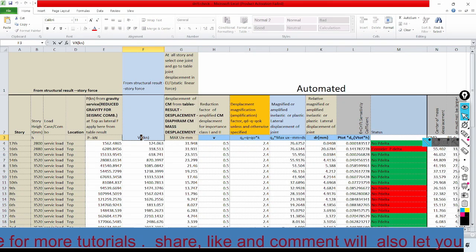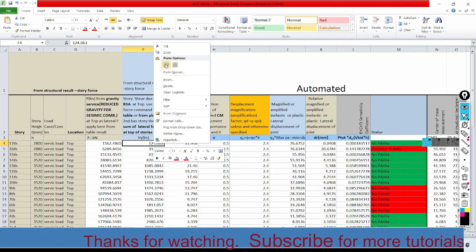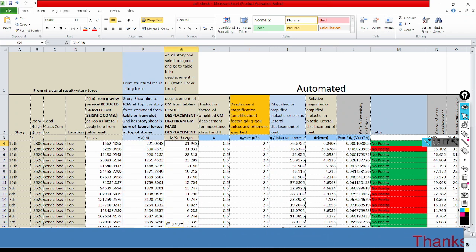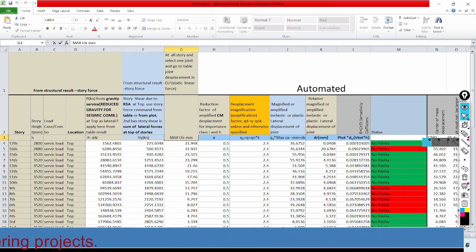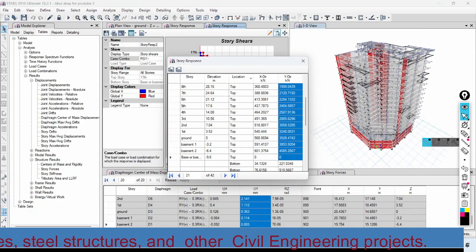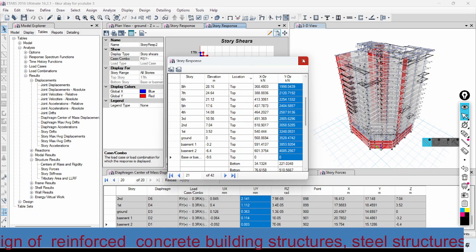That means it is Vy, paste it. And when we come to the displacement, just come to tabs, select the load case type.